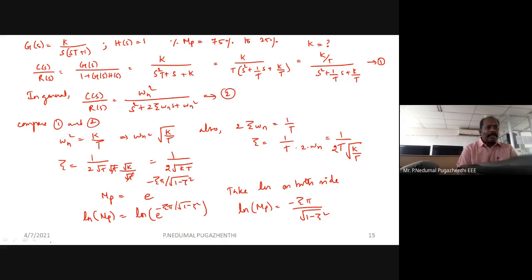So I take it to the next level. ln of mp is equal to minus zeta pi divided by square root of 1 minus zeta squared. If I square both sides, what will I get? I will get ln of mp the whole squared is equal to zeta squared pi squared divided by 1 minus zeta squared.